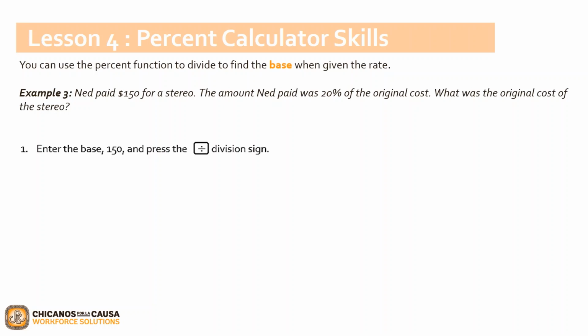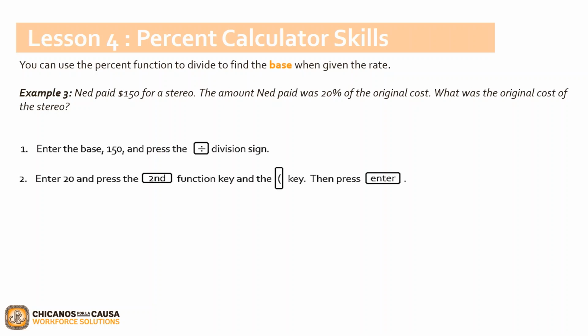Second, you would enter 20 and press the second function key, and then the left parentheses key, and then you press enter. This will give us our answer for example 3, which is the original cost of the stereo is $750.